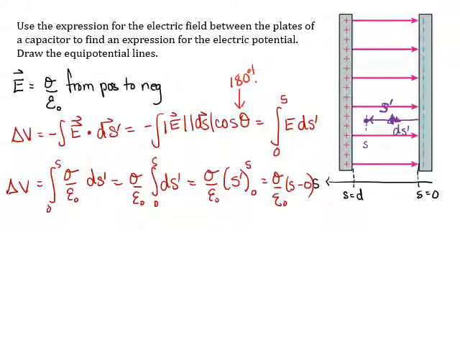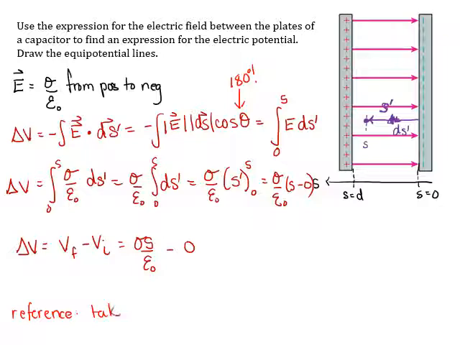So for our final result, we've got delta V, and that's going to be our final potential, subtract our initial potential, the definition of a potential. It's equal to sigma times s over epsilon naught minus 0. Okay, let's introduce the idea of a reference point again. For our reference point, we can take V_I equal to 0 at s equals 0.